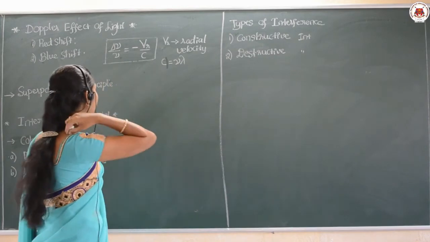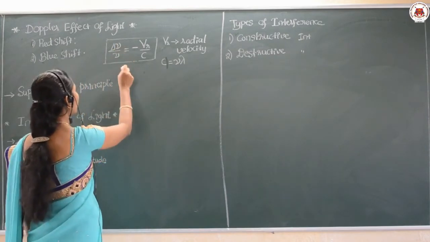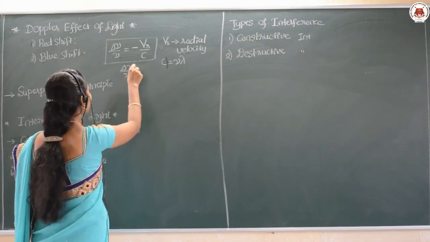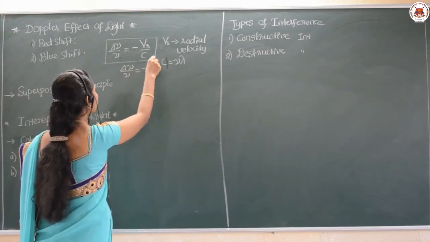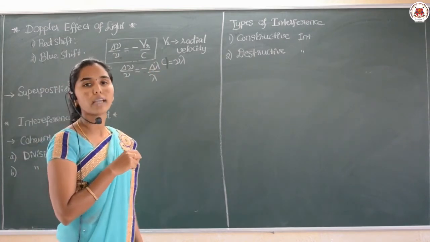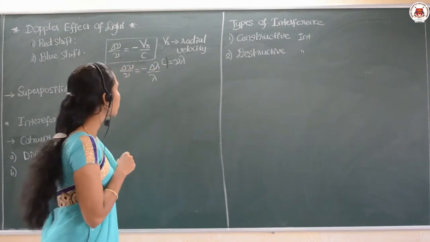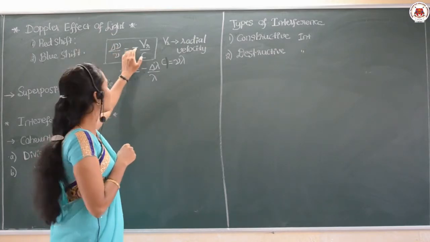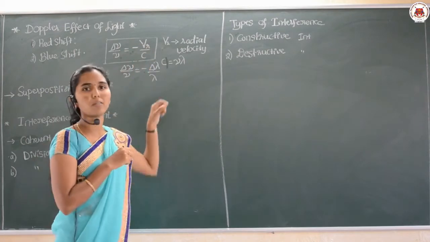Then by using this, the formula can be converted as delta nu by nu is equal to minus delta lambda by lambda. Like this also we can express. So, this is the expression for the Doppler effect of the light. VR means the radial velocity.